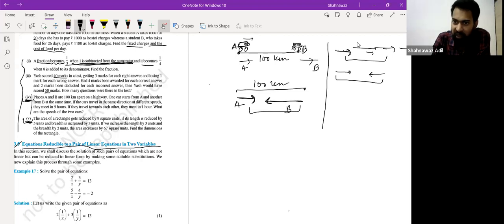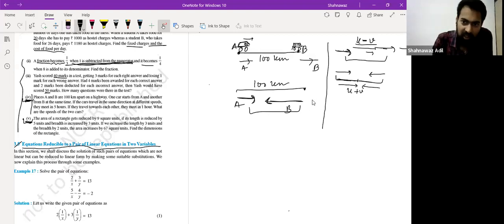So their speed will be negated, subtracted. And when they travel in the opposite direction, their speed will be added. This guy reaches here and this guy reaches here at the same time. So they will take a shorter time and their speed will be added, right? Okay. Am I correct?